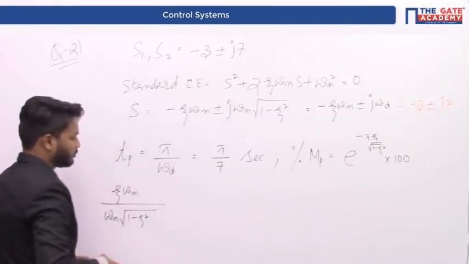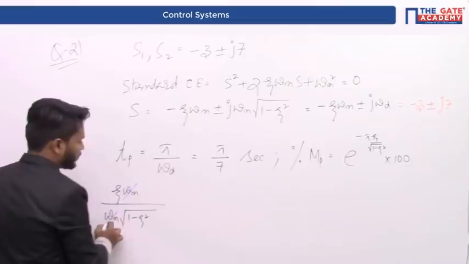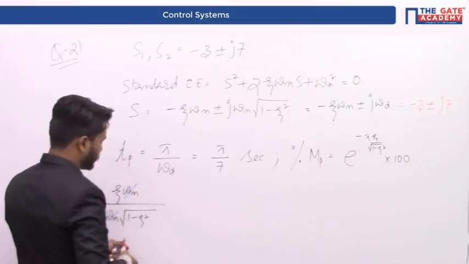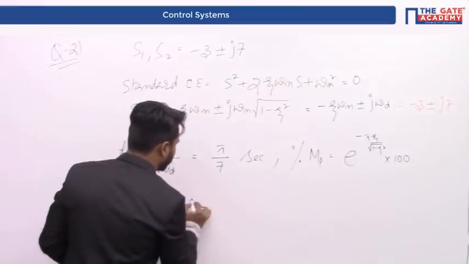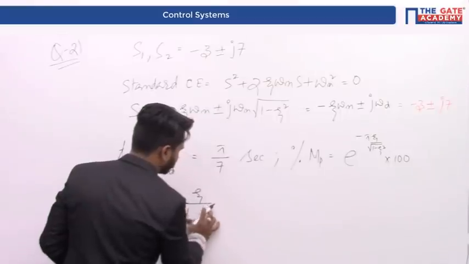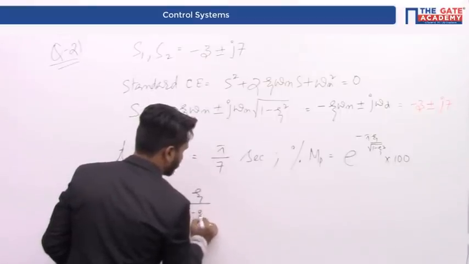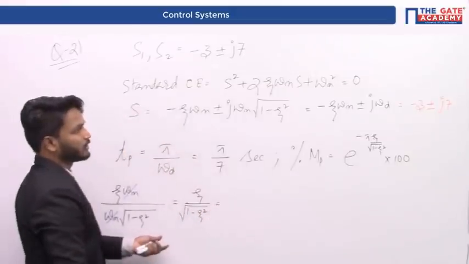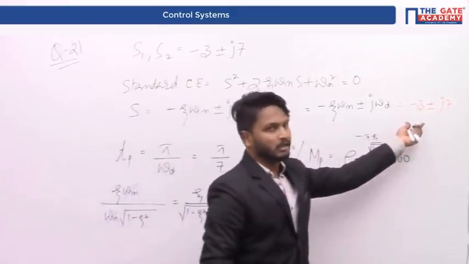Therefore, omega n and omega n get cancelled. You are left with zeta by under root 1 minus zeta square. That is equal to how much? Real part is 3. Of course, minus 3.